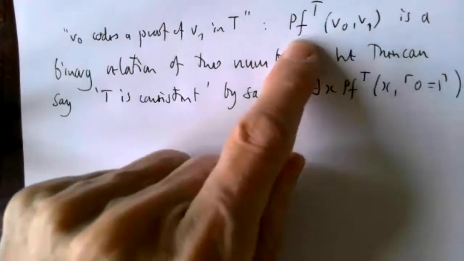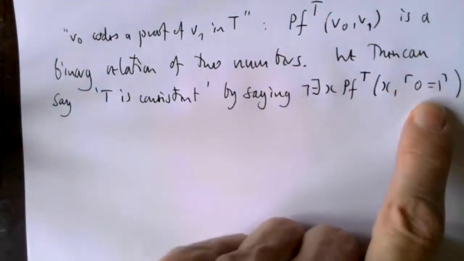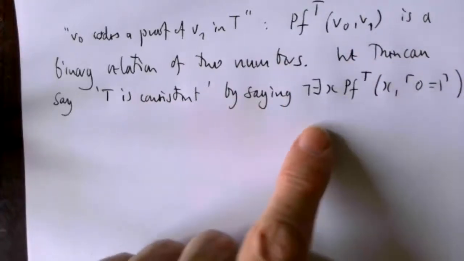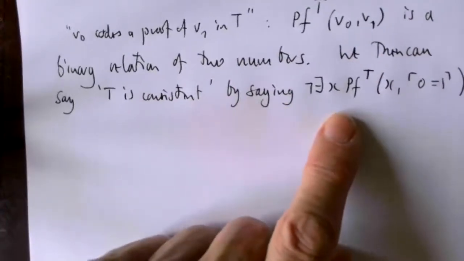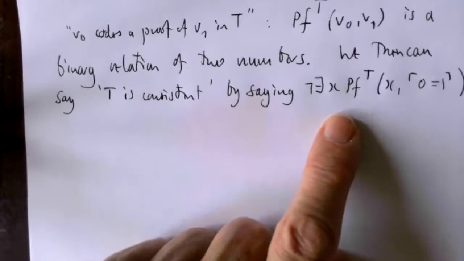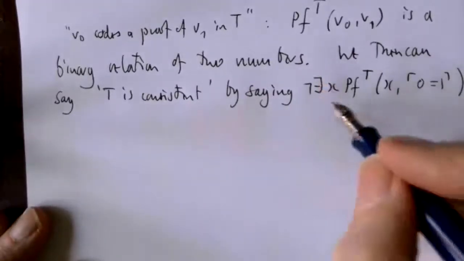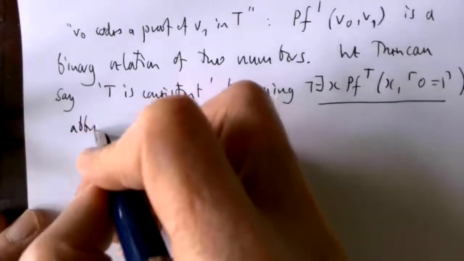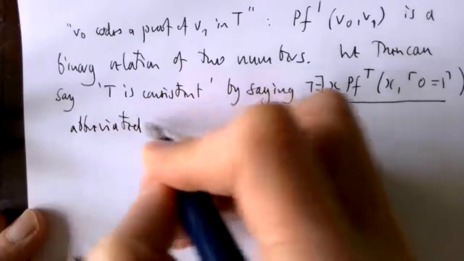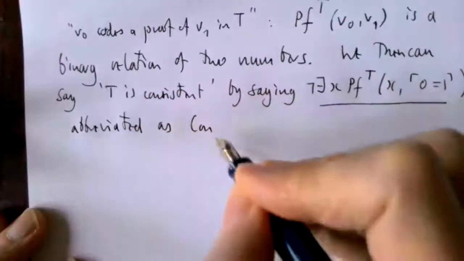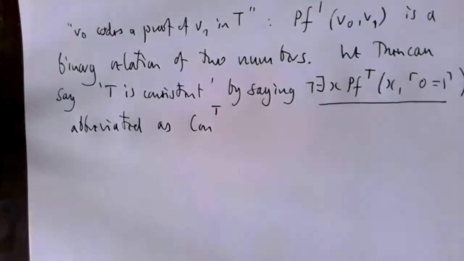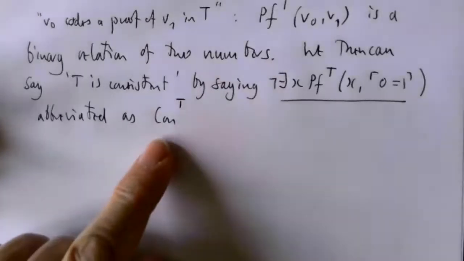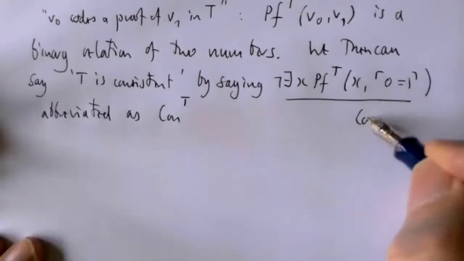Right? This is about numbers. This is a code number of this formula. This whole thing here is about numbers. So I've expressed the statement T is consistent in this way. So this formal consistency statement will be written with a superscript T. This is different from the Con(T) we were talking about before.